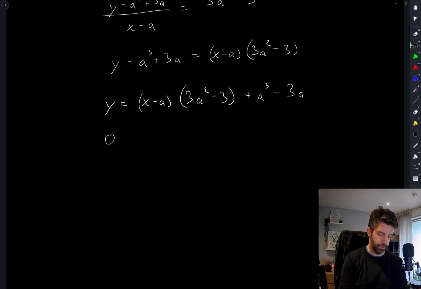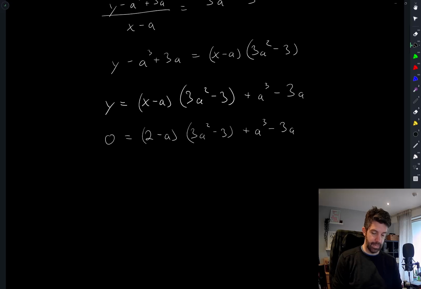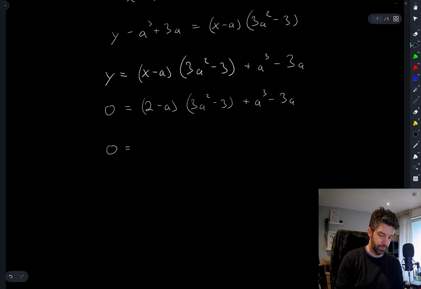So y is equal to 0, x is equal to 2. And now we're trying to ask ourselves how many roots there are to this equation. I think I'm just going to expand and see if there's something we can figure out about this.